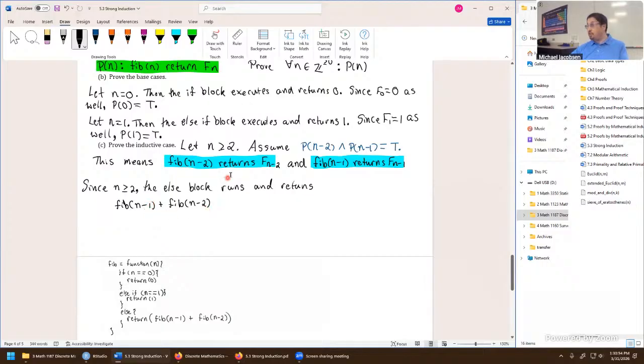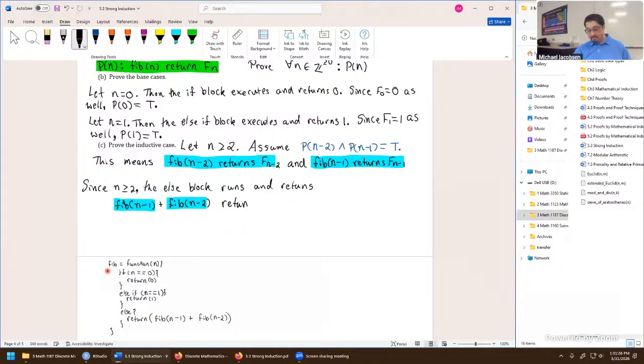But we also made this strong assumption here that fib at n minus 2 will return the Fibonacci sequence at n minus 2, and fib at n minus 1 returns the correct n minus 1 term of the Fibonacci sequence. So now we can make two substitutions here. And you could write equality right here if you'd like, but because these are true function calls, I think it's a little bit more standard to say returns what this pseudocode is actually going to return.